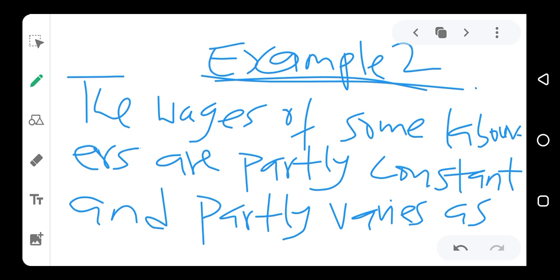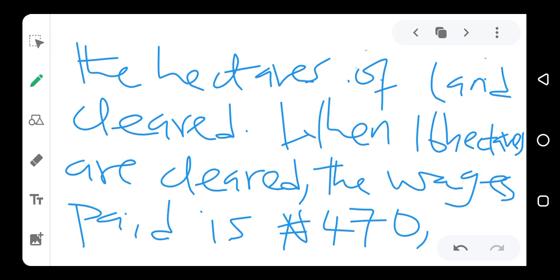The wage, we can call the wage W, and it is partly constant. The first constant, we can call it anything. You can call it A or any other thing we like. Then it partly varies as the hectares of land cleared.